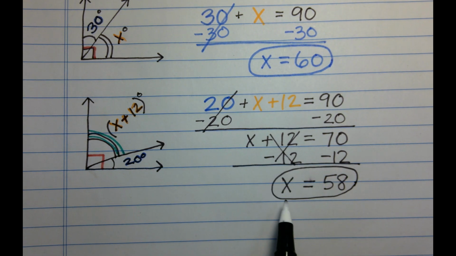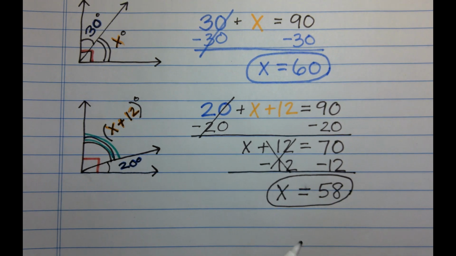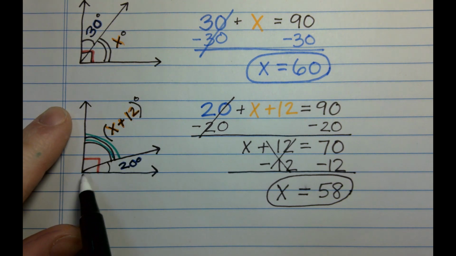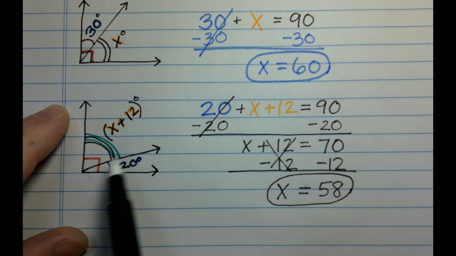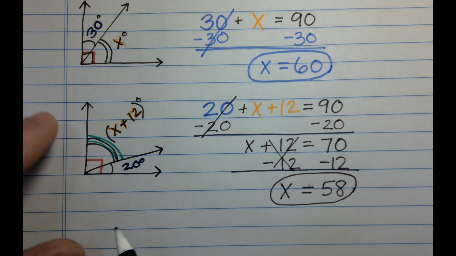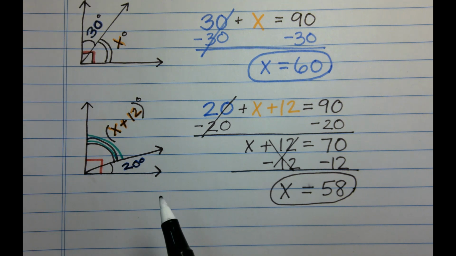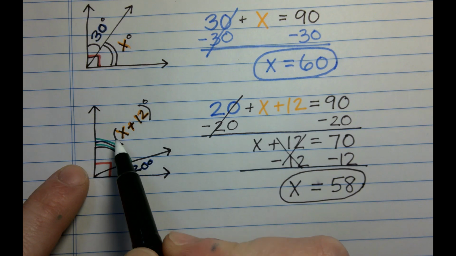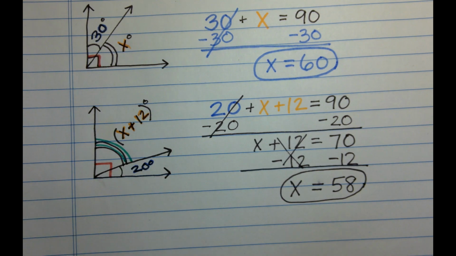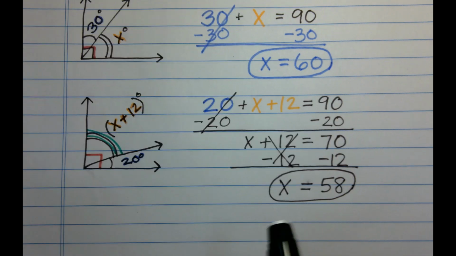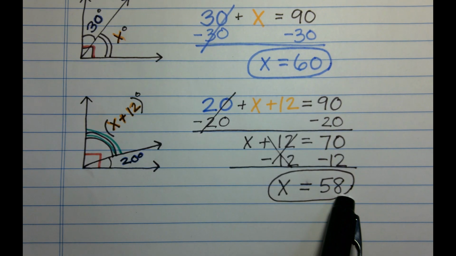So, we solved for X. If I wanted to know what the measure of this angle is, what would it be? Can we tell? Well, if this angle is X plus 12, couldn't we just take my value for X that I just found?